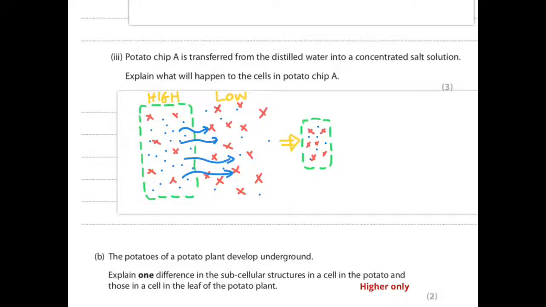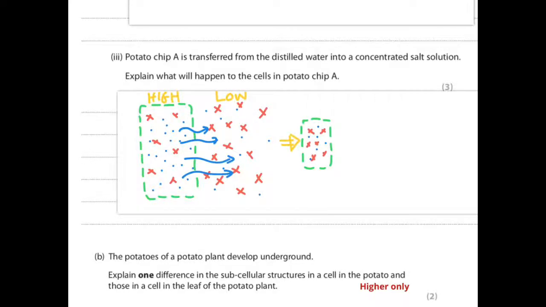And you can see there's more salt molecules outside in the solution, and there's less water. There's more water inside the chip. So osmosis tells us that water will move from a high water concentration to a low water concentration. And if water's leaving, the cell will get smaller, it will shrink, it will decrease in mass.